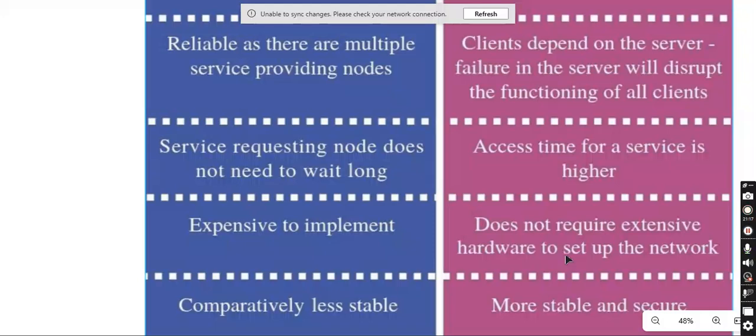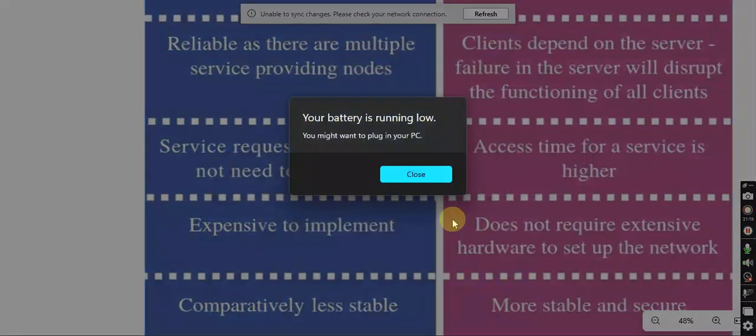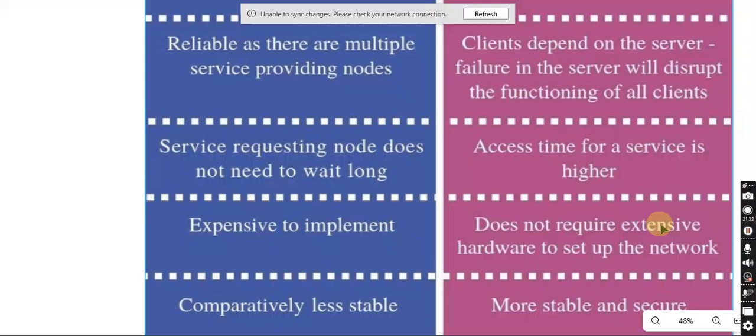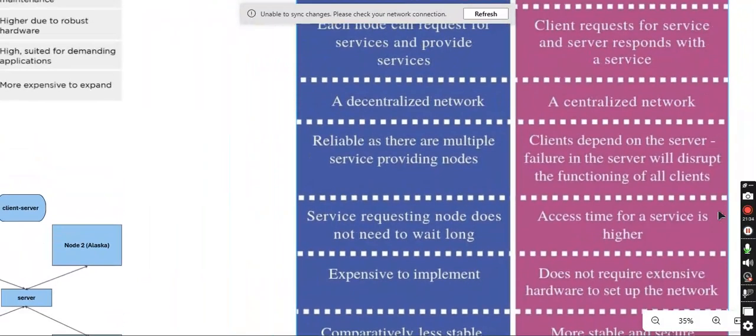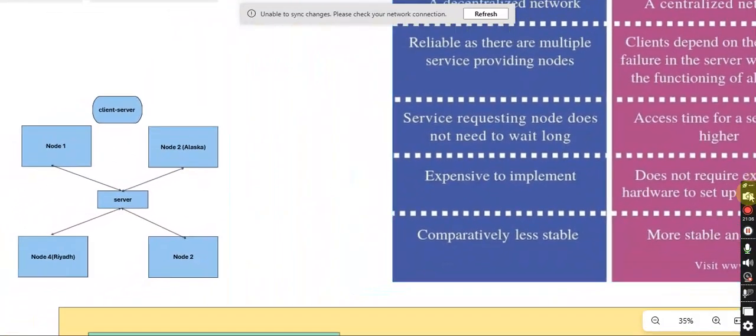So they provide you some security method, and they are actually controlling it, which makes it more stable, more secure, and well organized. So that was the client server model and the peer-to-peer model.